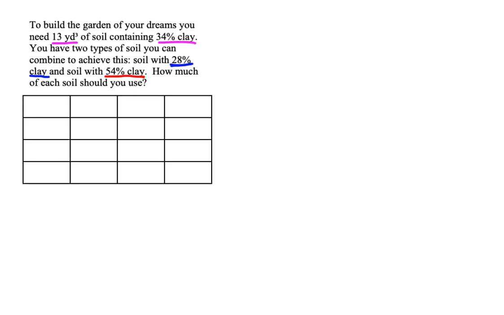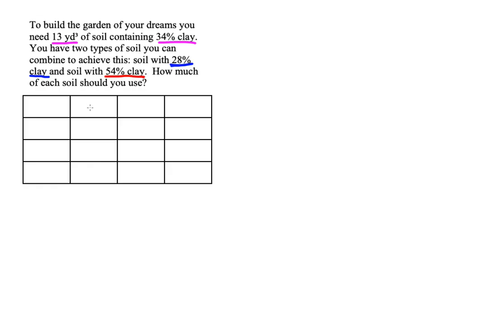Okay, so the first thing we do is set up a little chart. We have three different kinds of soil. I'm just going to call it soil A; you can call it anything you want. Actually, let's first figure out what the formula is.